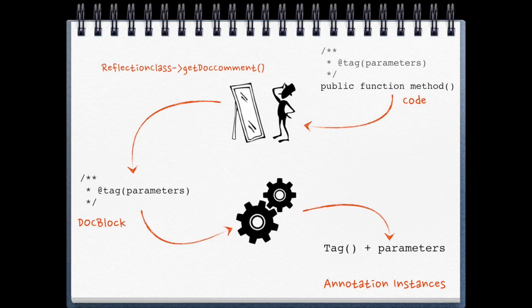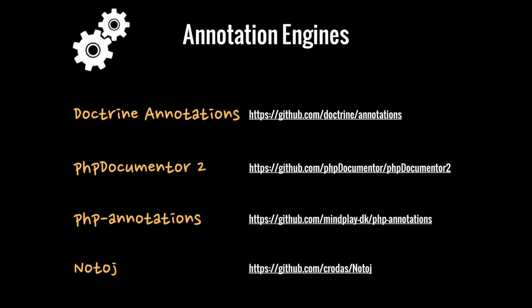Right? So a few examples of annotation engines out there that you might want to choose from. We have Doctrine, which has annotations now segmented as well. From PHP Documenter actually has a standalone package that does parsing of doc blocks, not focused on the annotation level of functionality, but more focused on the doc block level.